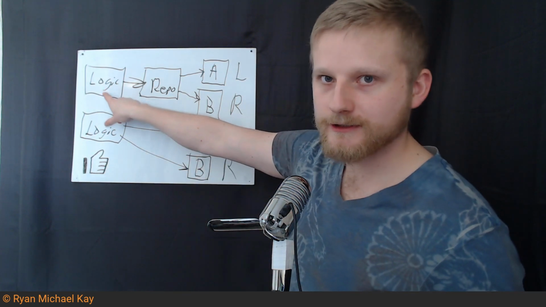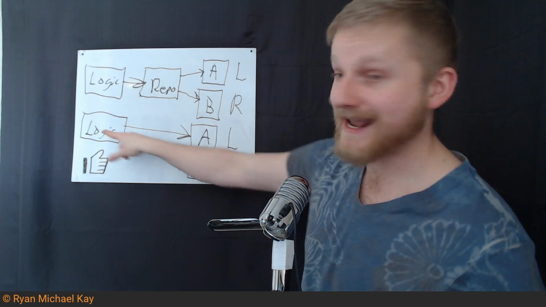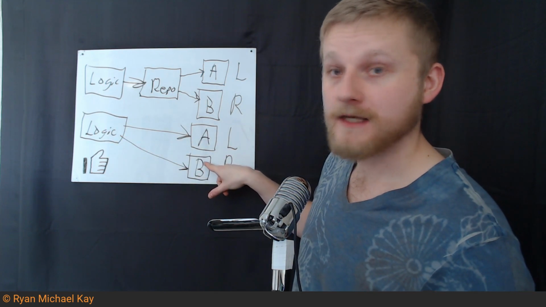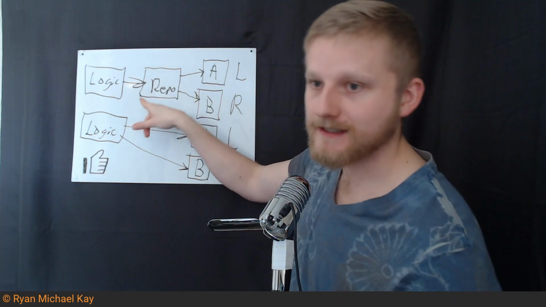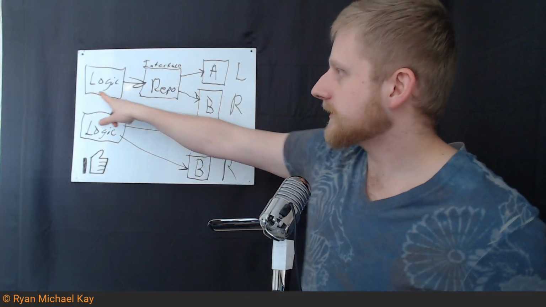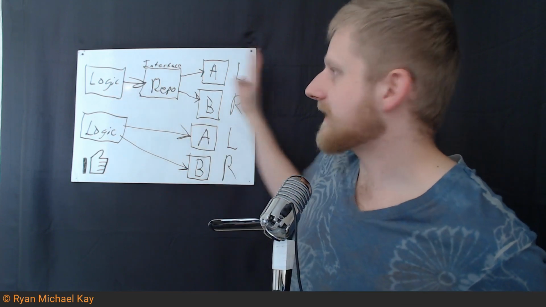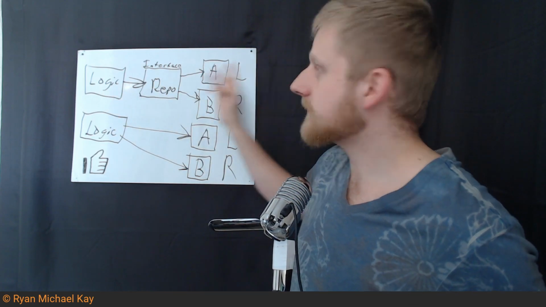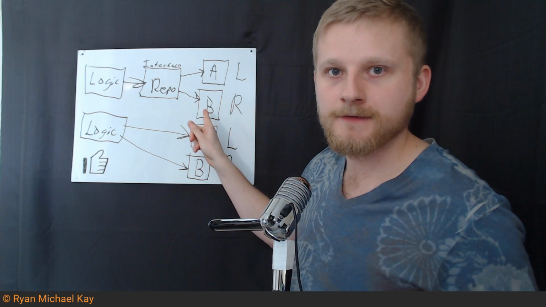Instead of having the logic class know what A and B are, it just has a repository. This is an interface, so logic doesn't even know what's behind it. It has no idea what dependencies this thing has.